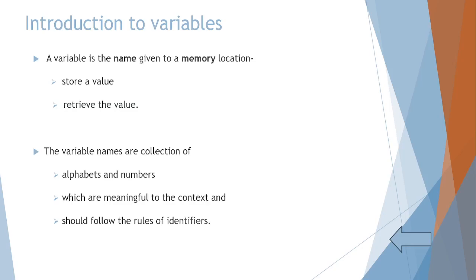Although programmers give int A, int B, int X, easy to access, when we create actual projects, we give meaningful names according to the context. And also, the name should follow the rules of identifiers. Identifiers means names, rules. We have seen that in the previous video.